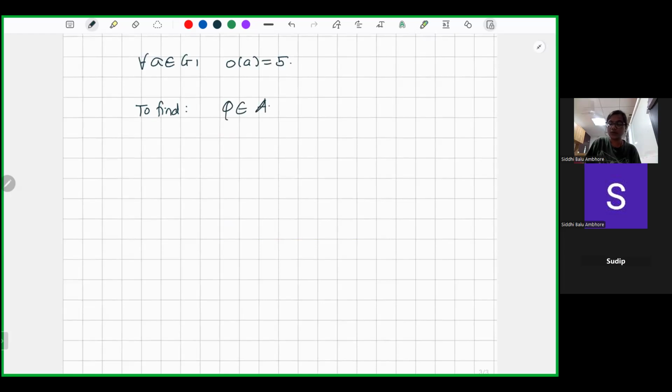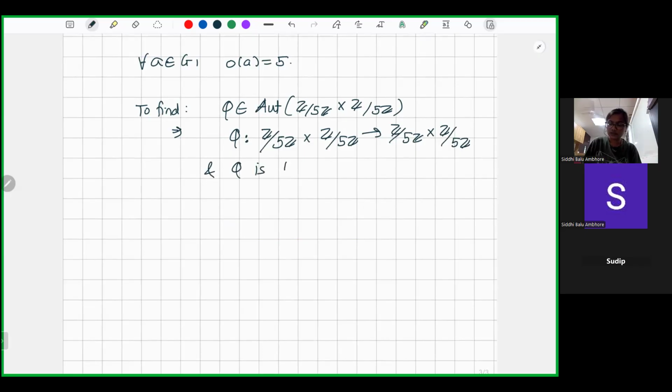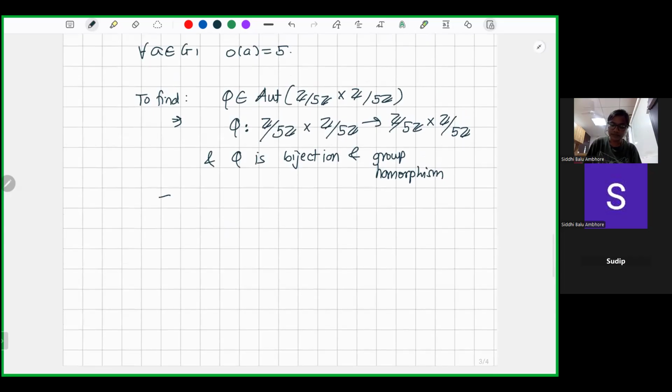If phi belongs to the automorphism group of Z5Z cross Z5Z, then phi is a map from Z5Z cross Z5Z to itself, and I want this map to be a bijection and a group homomorphism. Z5 is a field of order 5.